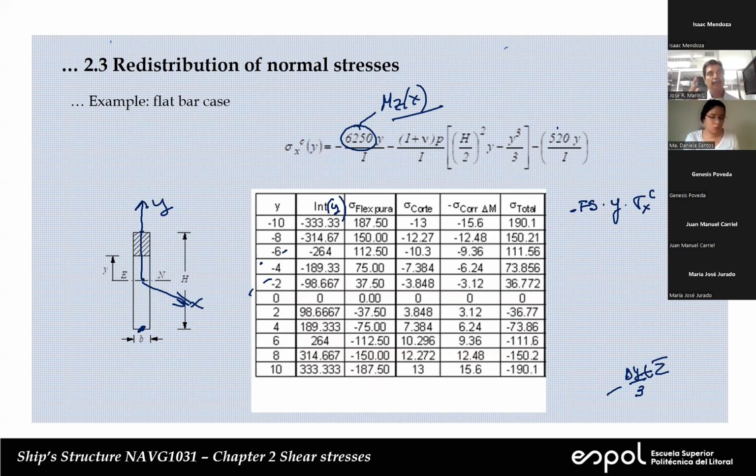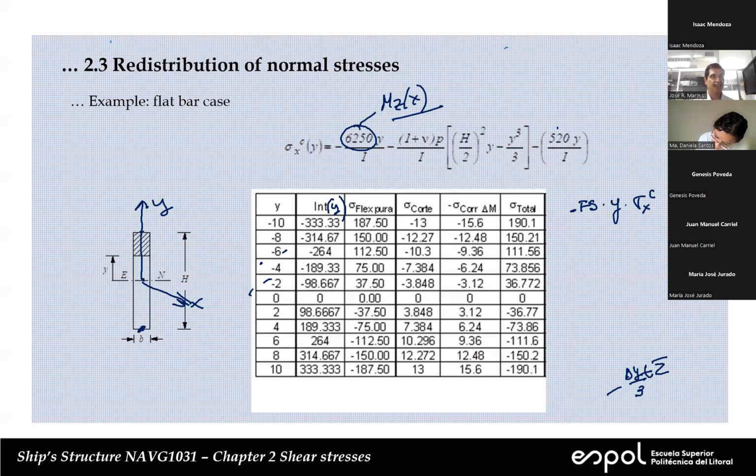In the third one, we apply the formulation of Taylor. That is, we assume that in order to make this correction, to recuperate the equilibrium, this delta M produces a linear normal stress distribution. This is an assumption, and basically it's just a practical assumption.